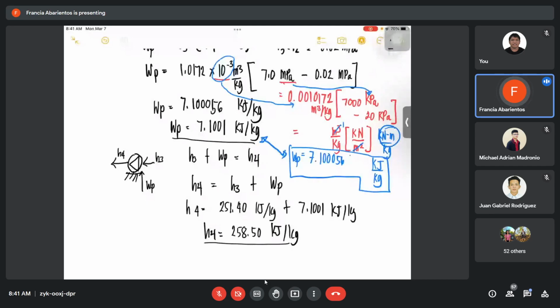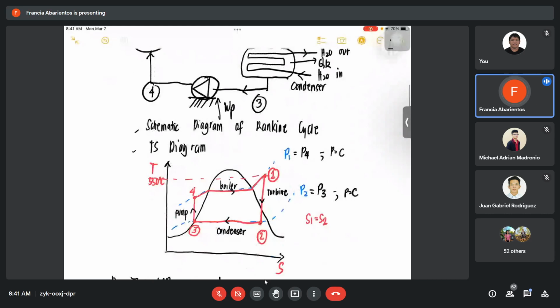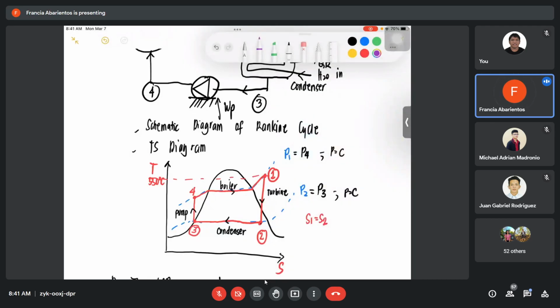So, wala pa tayong sinusolve, cycle efficiency. So, para makita nyo, pang color. From 0.1 to 0.4, that is your 7 MPa.